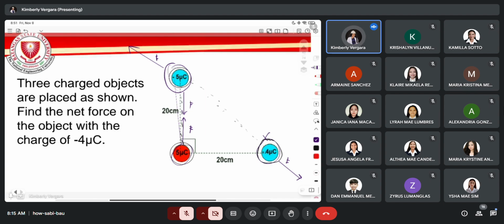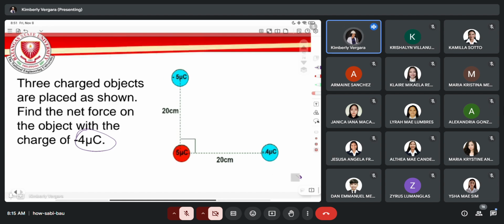Dito po, three charged objects are placed as shown. Find the net force on the object with the charge negative 4 microcoulomb. So, ang magiging basis po natin is this one, ito pong si negative 4 microcoulomb.